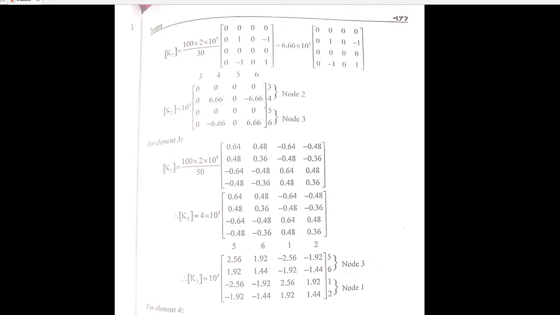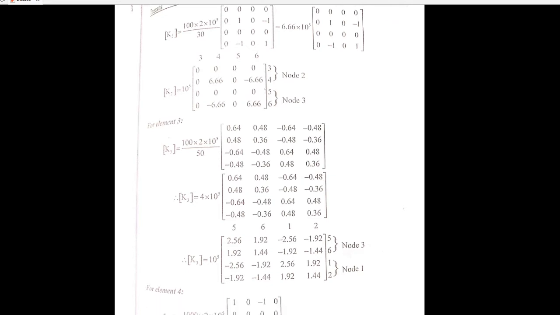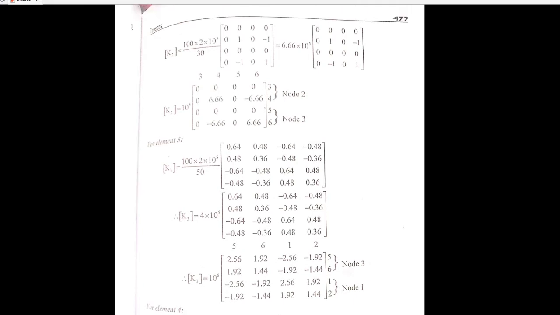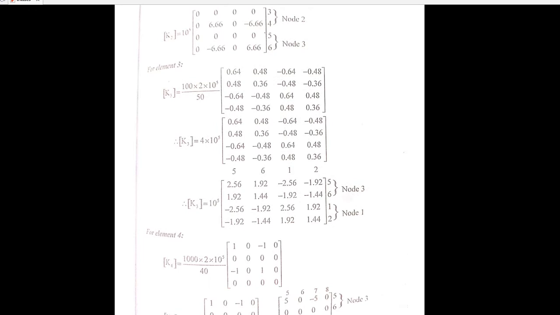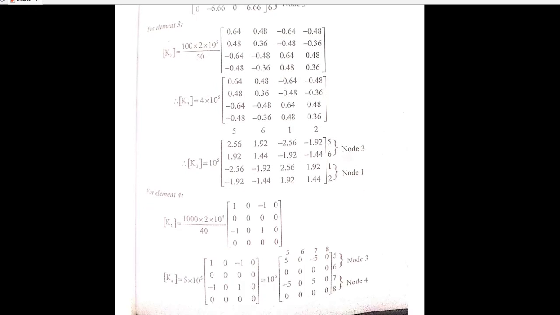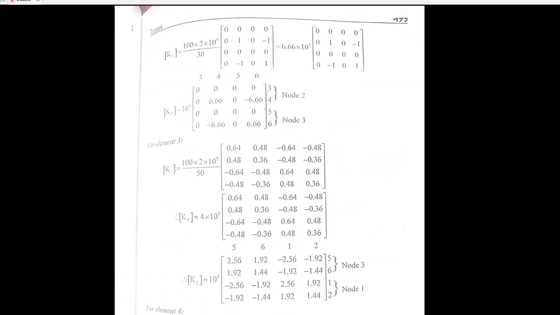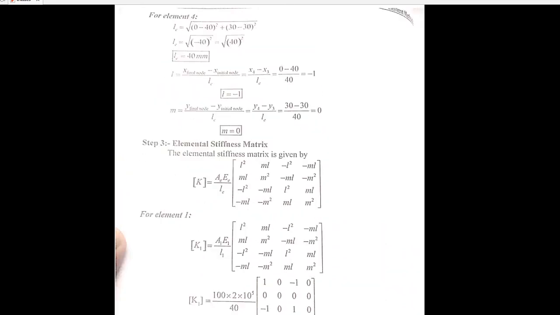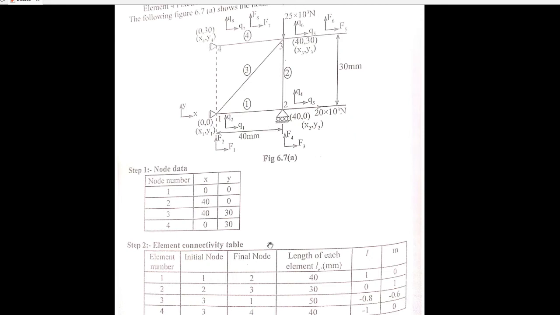Minus 0.8 and minus 0.6. And Le3, how much? Le3 is 50.